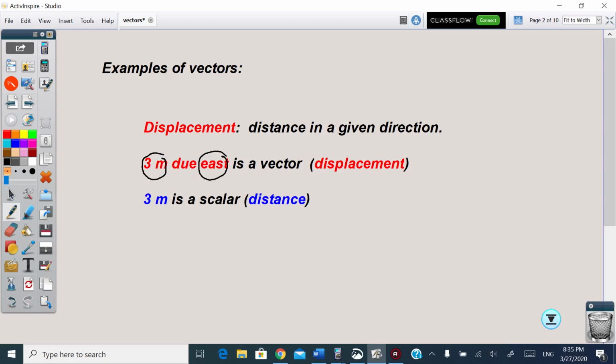And this is not distance, it's called displacement, because we're talking about a magnitude and a direction. A distance with its own direction. However, if I talk about 3 meters and I don't specify the direction, then I'm talking about a distance, and that is simply a scalar.